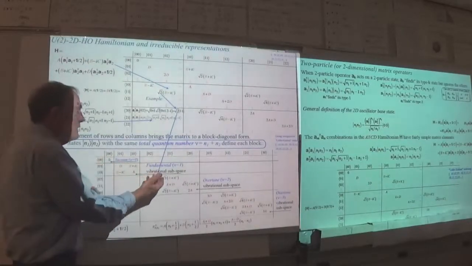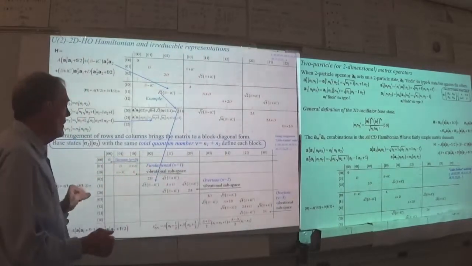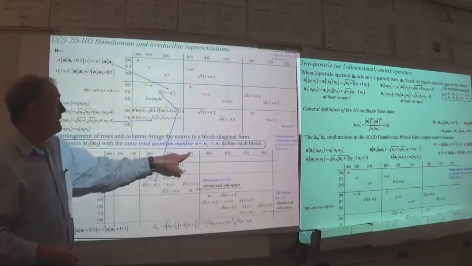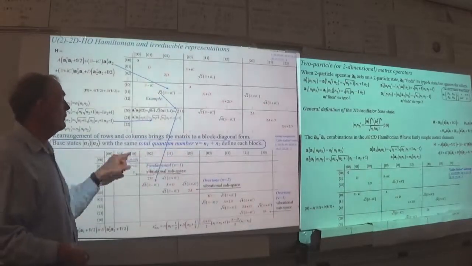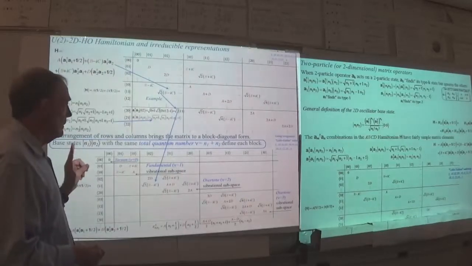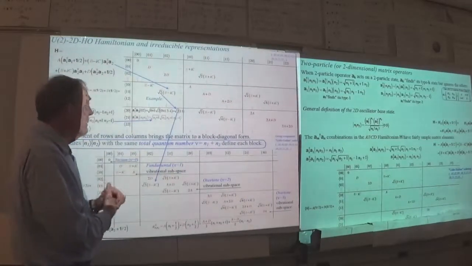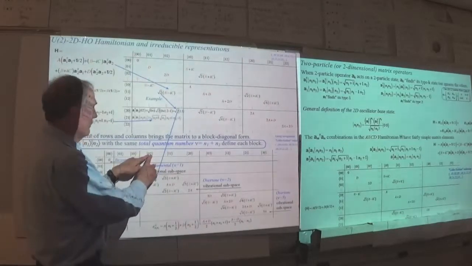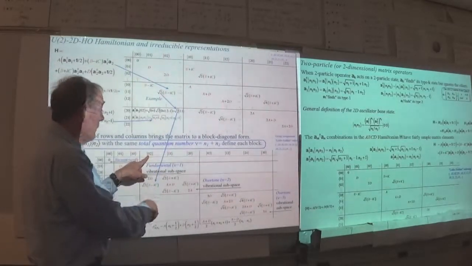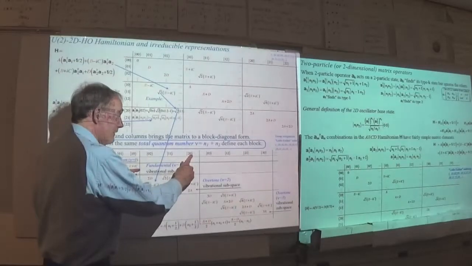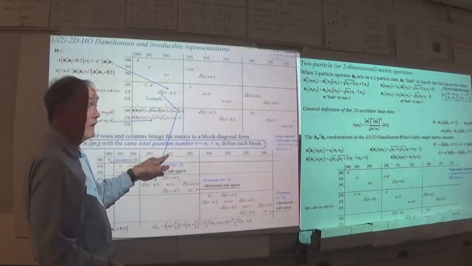Or maybe just 1 excitation from the fundamental, where I've got 2 quanta. Here are all the ways that you can make 2 quanta total out of these lexicographic states. Obviously, 0, 2, okay? And it's flipped, 2, 0. But there's also 1, 1.